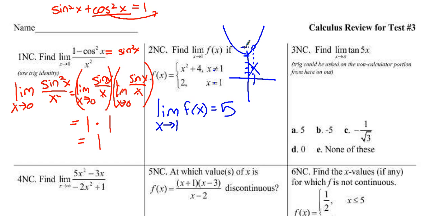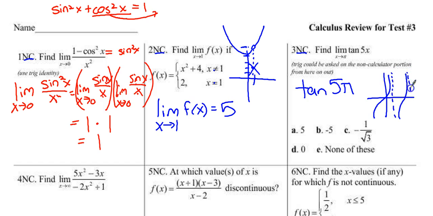So, question number 3. Oh, by the way, these tell you whether these kind of questions would be calculator or non-calculator. So this is a non-calculator question. Limit as x goes to pi of tangent of 5x. So you need to know what a tangent of 5 pi is, because direct substitution, tangent of 5 pi. Hopefully you remember that a tangent graph goes through 0, has a vertical asymptote at pi over 2.